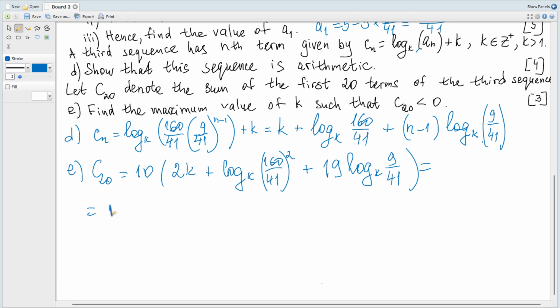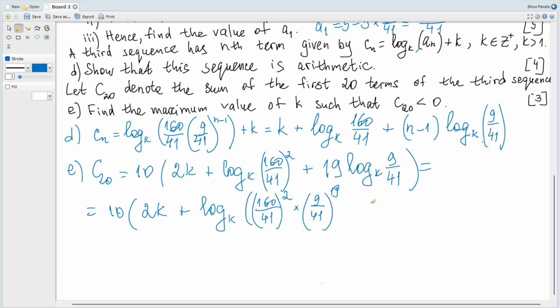And it's 10 times 2k plus log to the base k of, as a single logarithm, 160 over 41 squared multiplied by 9 over 41 to the power of 19.